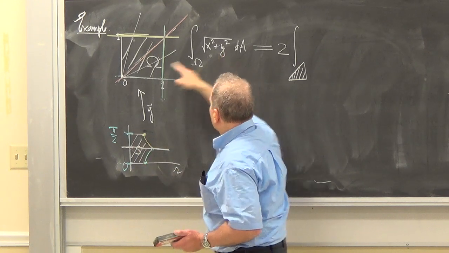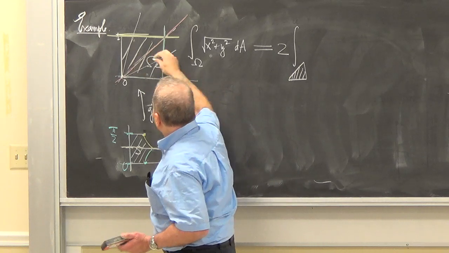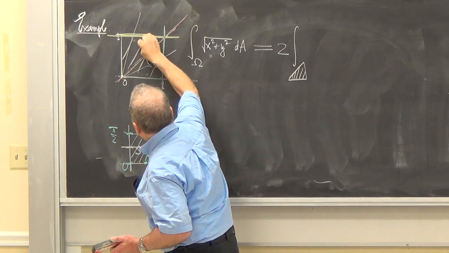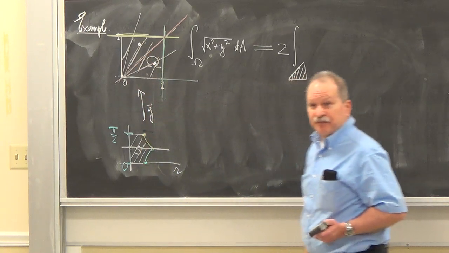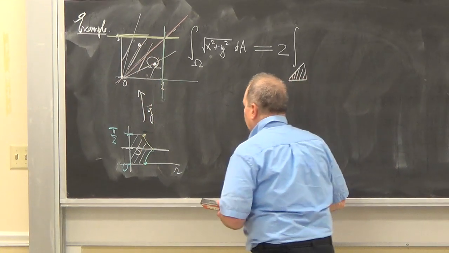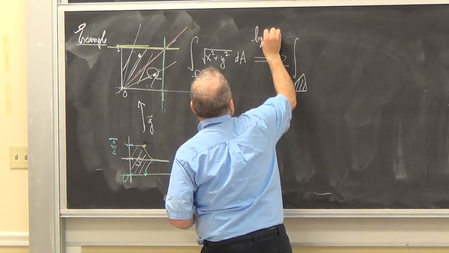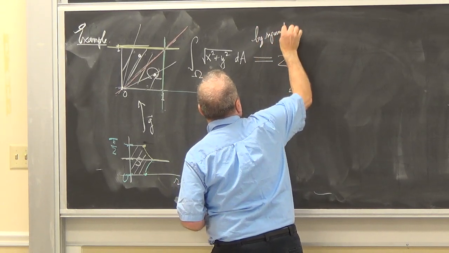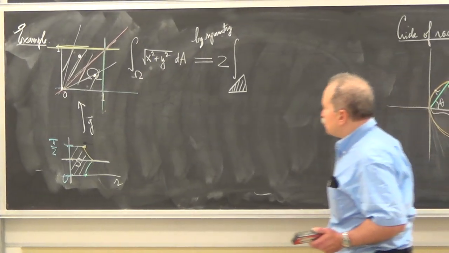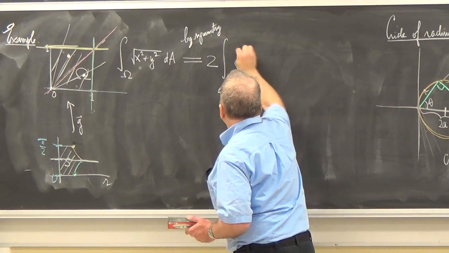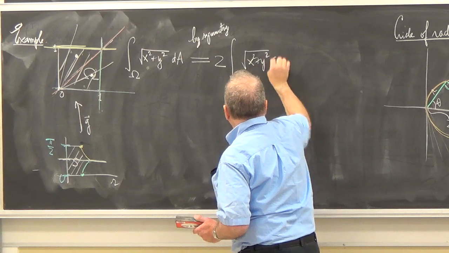You can also see that directly here. Clearly, for every point here, there's a reflected point of the exact same distance, and so the integral should be the same. So by symmetry, I'm going to go with Daniel and say, let's not mess with two integrals when one would be enough. Twice the integral over the triangle of the square root of x squared plus y squared.